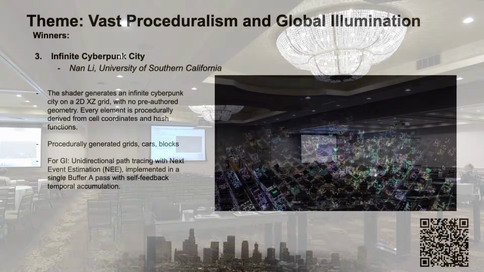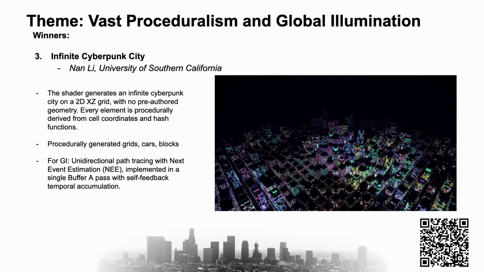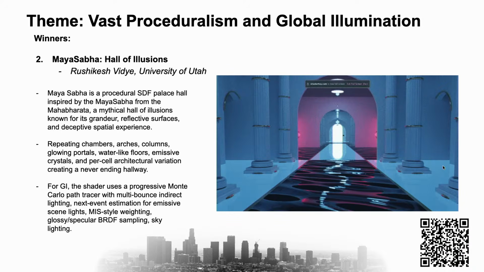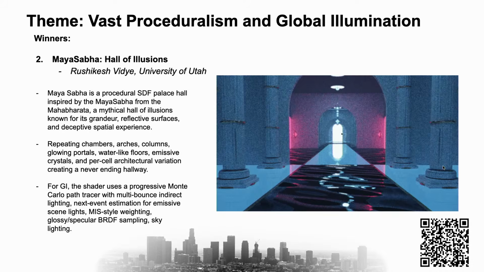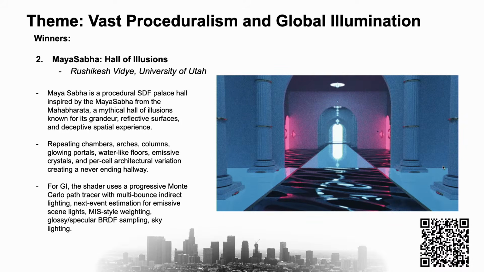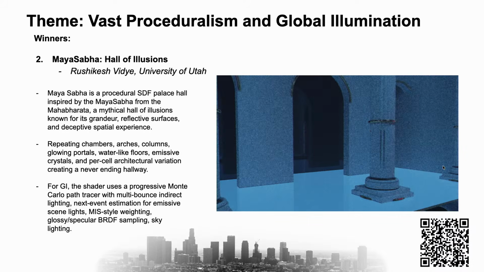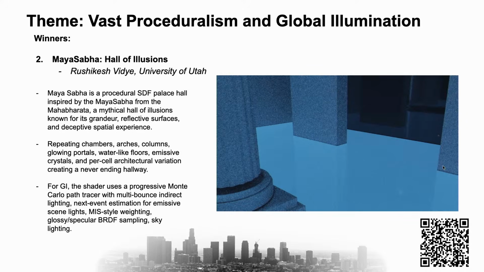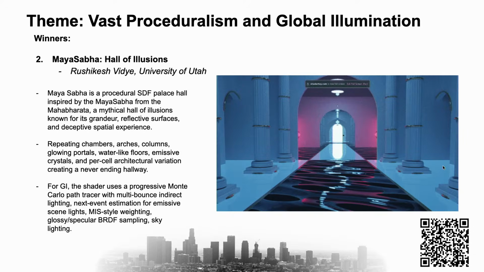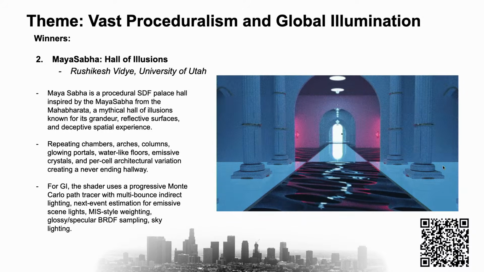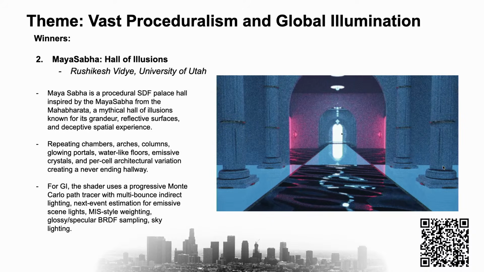Thank you. And the second place winner is Maya Sabha Hall of Illusions by Rishikesh Vidya, University of Utah. This, the student reports, is a procedural SDF palace hall inspired from the stories of Mahabharata, a mythical Hall of Illusions.